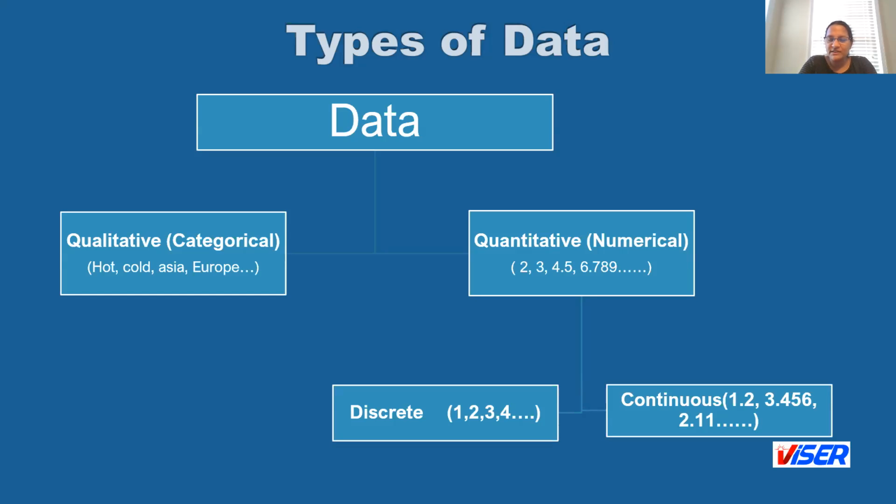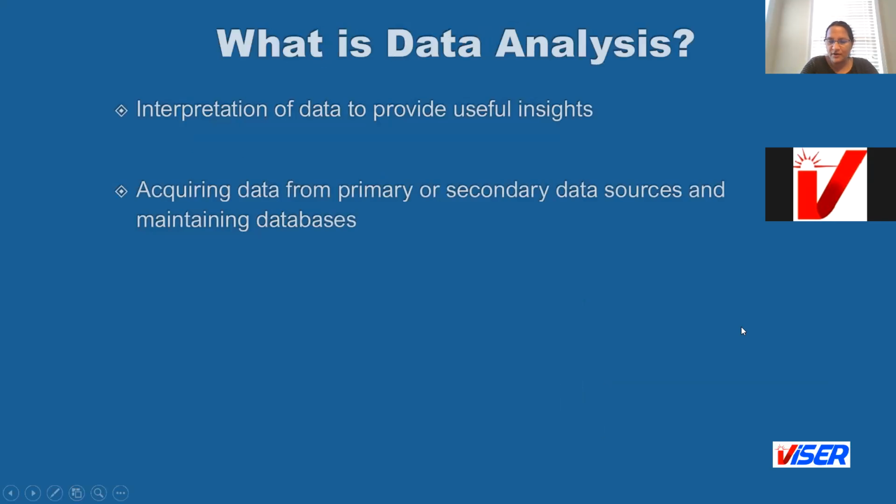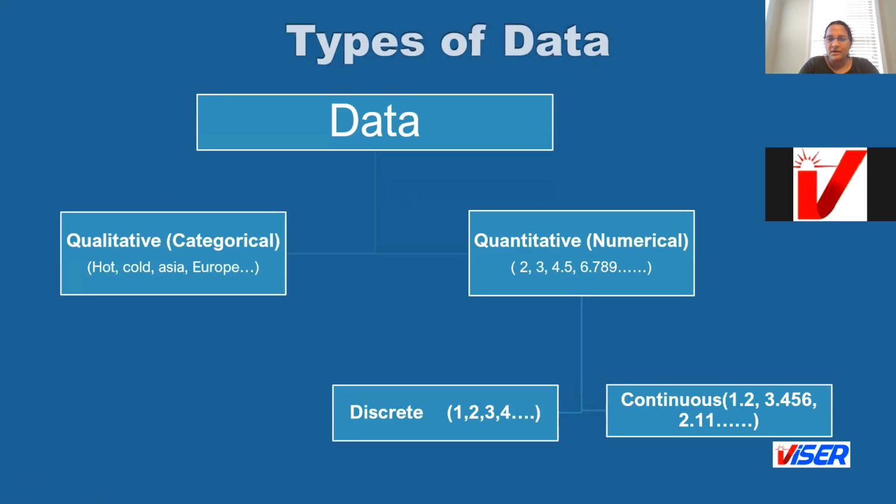And continuous data sets are those where you have a decimal point. If you are talking about floating point numbers or decimal numbers, then we talk about continuous data.